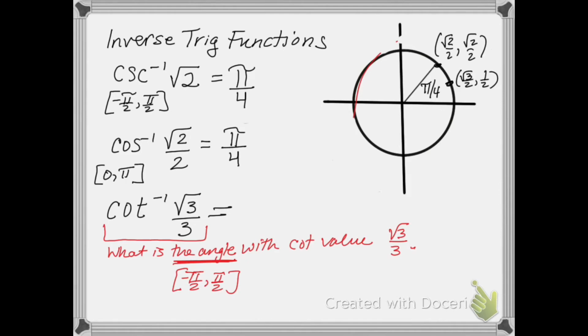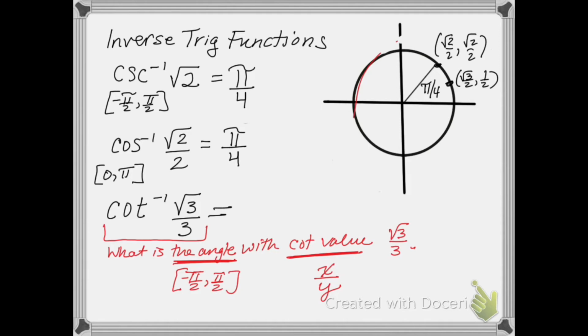And then this other part here, this cotangent value, what's a cotangent value? On a unit circle, the cotangent value is x over y. So rereading this statement, I say, what is the angle between negative pi over 2 and pi over 2 with cotangent value, that is x over y, of rad 3 over 3.